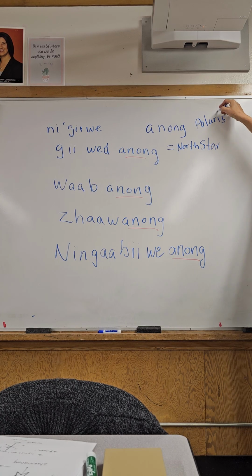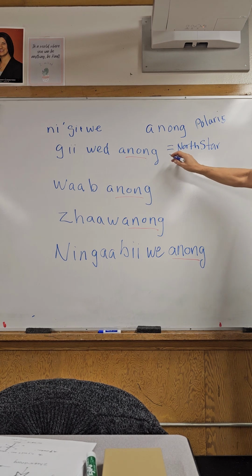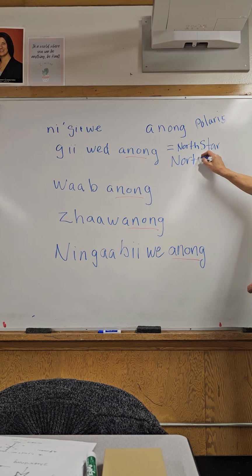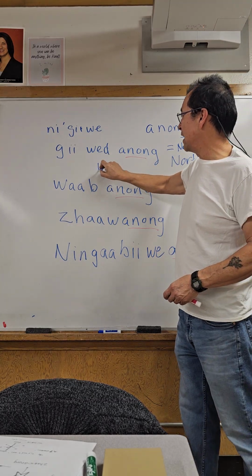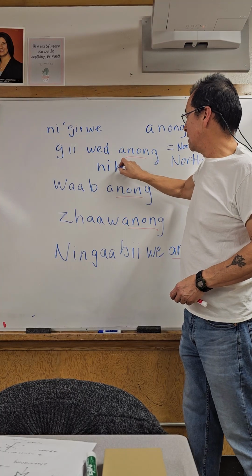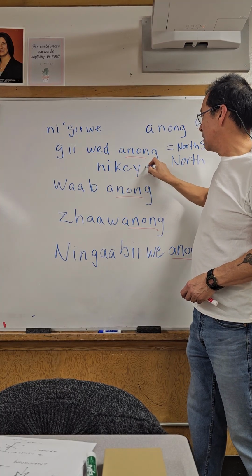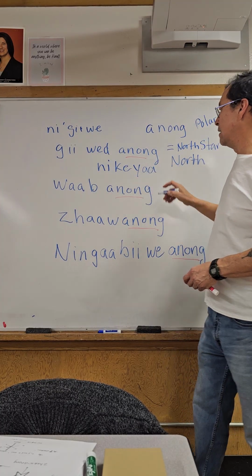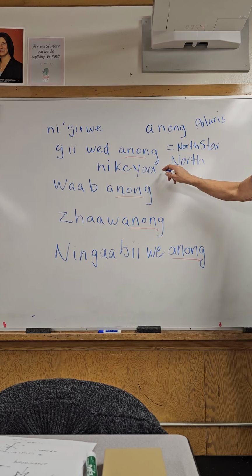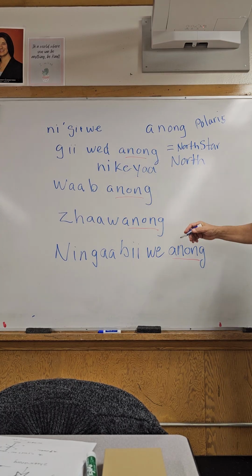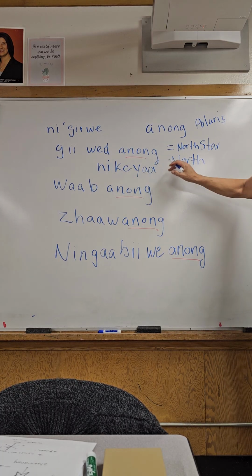So Giwed Anung, but this is also a reference to the direction, north. You might finish it up with Giwed Anung Nikea. Nikea, that's in that direction. You're going to point in a certain direction. So Giwednung is north.